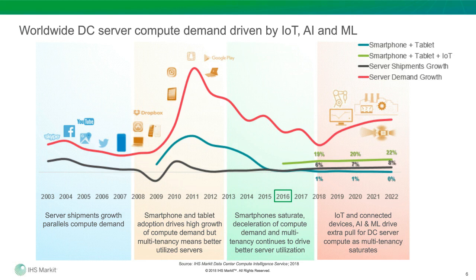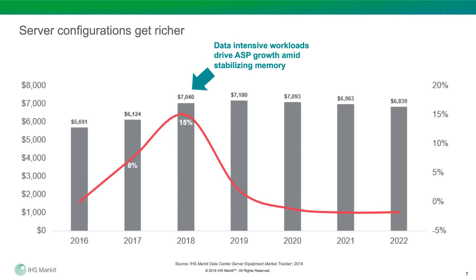And earlier, I talked about datasets continuing to grow, fueling demand for highly configured servers with more powerful CPUs, more memory, and more storage. This has translated in an acceleration of server ASPs. And in this graph, the 8% server ASP growth in 2017 was largely driven by increases in the price of memory.